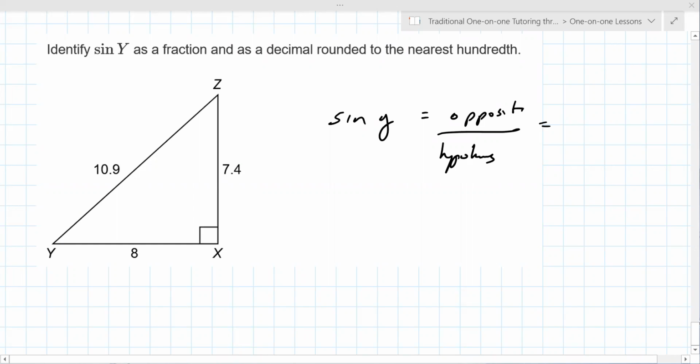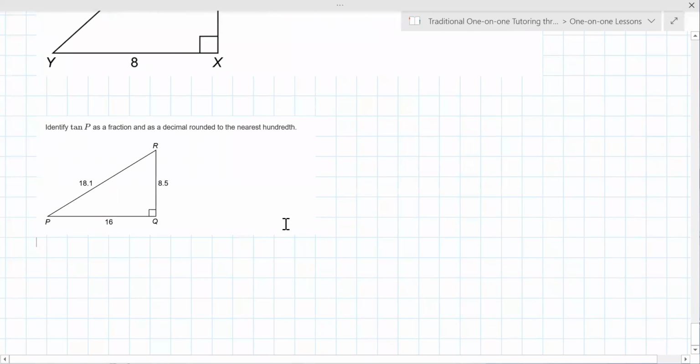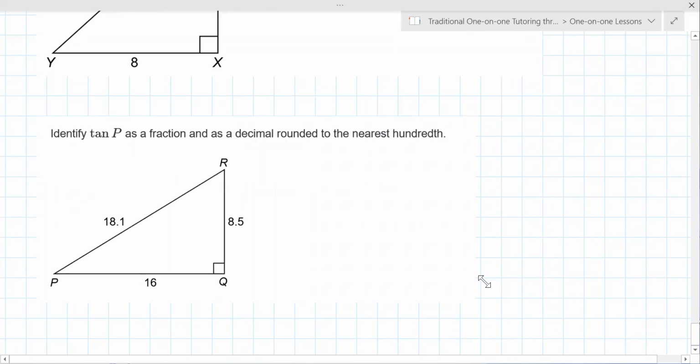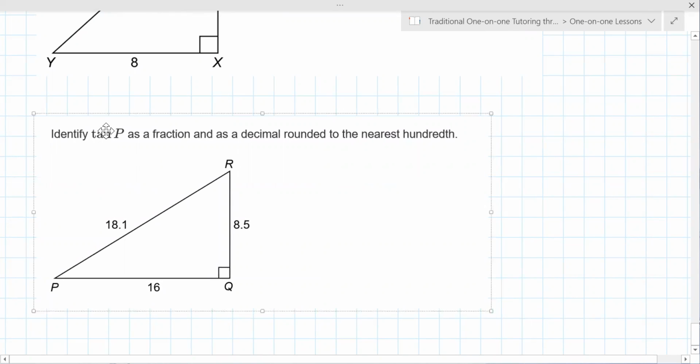Okay, so there's yet another trigonometric function that we're going to look at next. And what I think is maybe unclear for students is that you say the correct word. Like in this case, you say tangent, but it's written as tan. It's abbreviated.